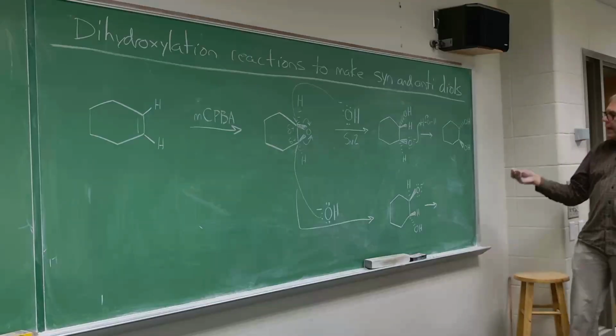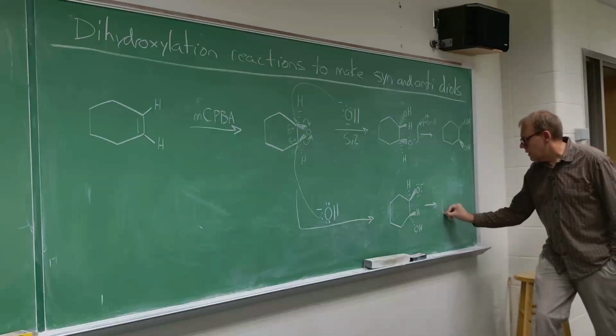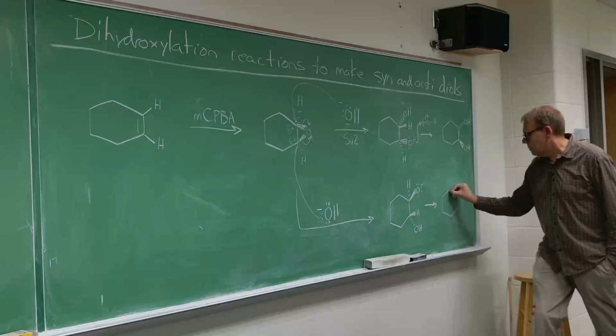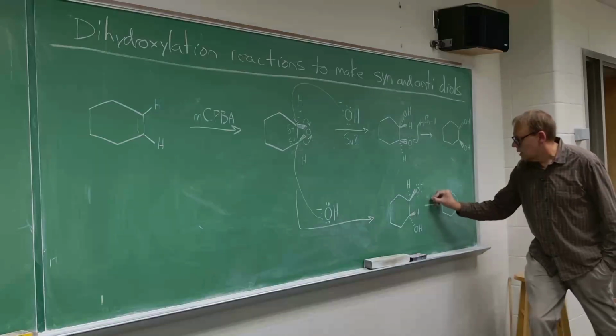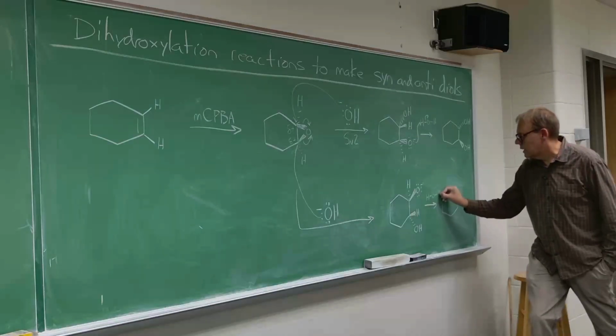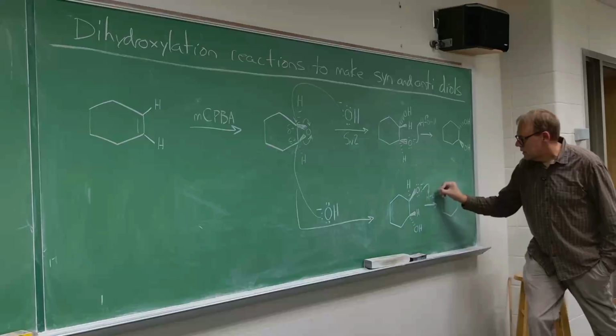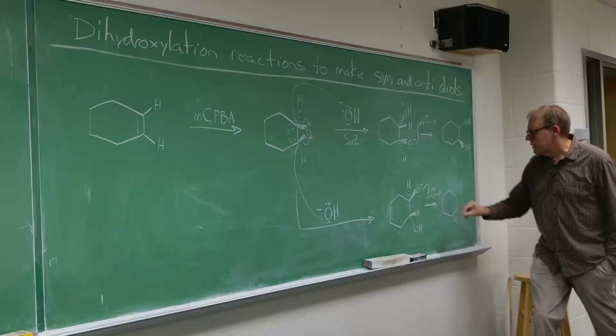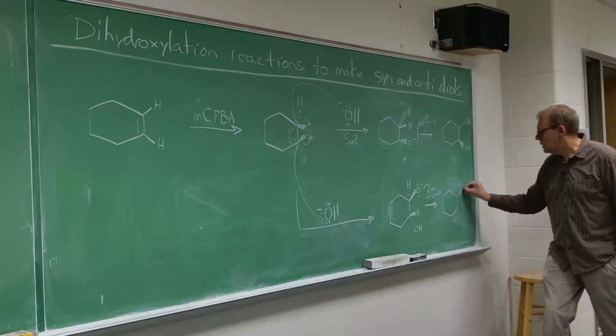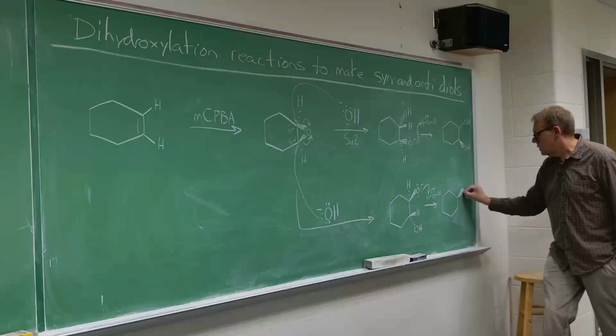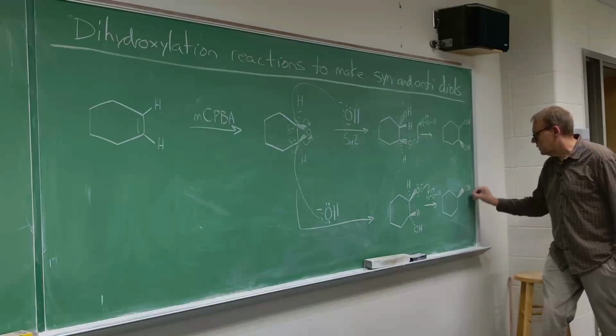That's an anti-diol. The other one that you get is if the bottom reaction occurs, then water provides a proton to that O- down here, and you get the following molecule.